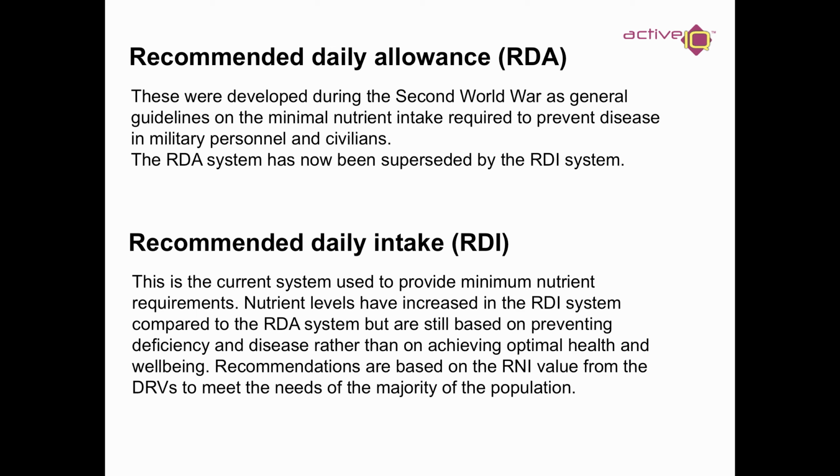Essentially, the recommended daily allowance came out in the Second World War to give people guidelines on the minimal nutrient intake they needed so they didn't get sick during the war, basically. So you need to have so much of this so that you're not going to get sick. That's what RDA was all about.